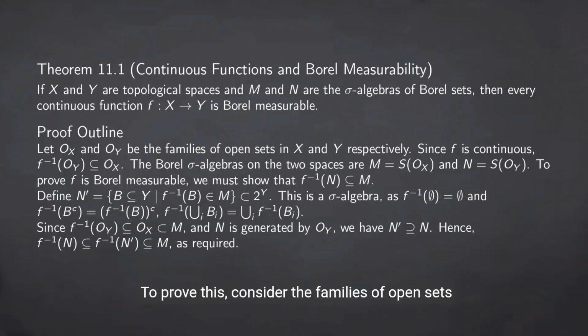To prove this, consider the families of open sets in X and Y. Since the function is continuous, the preimage of any open set in Y under this function will be an open set in X. We define a sigma algebra, let's call it N prime, as the collection of subsets B in Y such that the preimage of B under function f belongs to M. This collection is a sigma algebra because it satisfies all the necessary properties, and since it includes all the open sets of Y, and by extension the Borel sets, we conclude that the inverse image under function f of any Borel set in Y is a Borel set in X, making f Borel measurable.